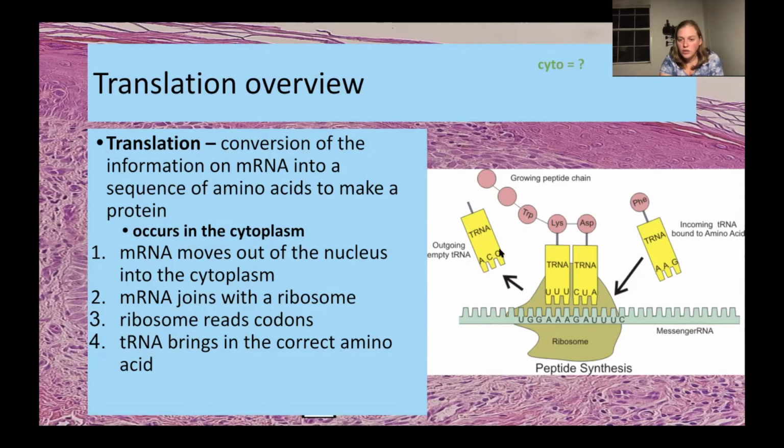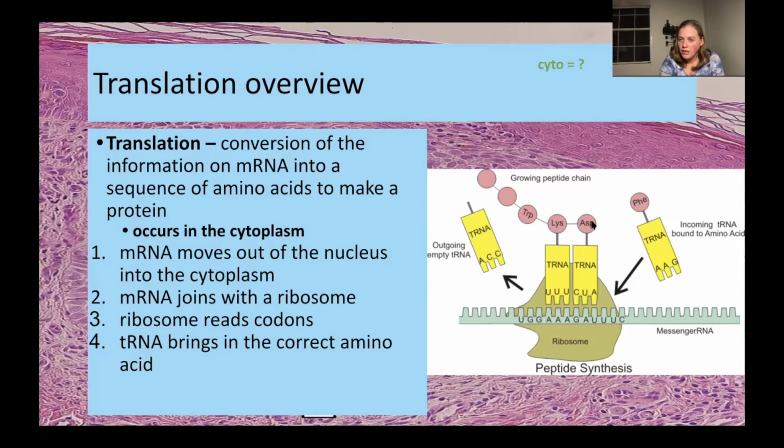So this little group of 3 that we see here on the tRNA is going to match by base pairing to this codon. And we call this an anticodon. I remember this because anti has a T in it. So the anticodon goes on the tRNA, and this anticodon is going to determine which type of amino acid it's carrying.